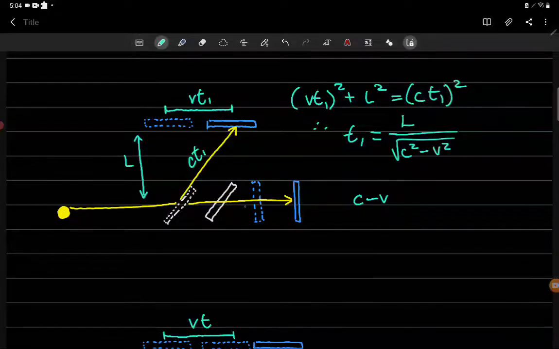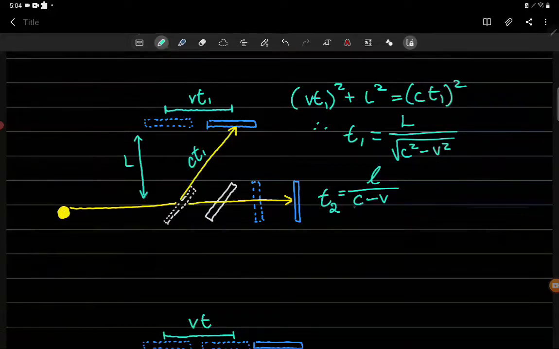So if we're trying to figure out the time taken for this light to get to that mirror, then hopefully you can see that t2 is equal to the distance, which is L, on c minus v.